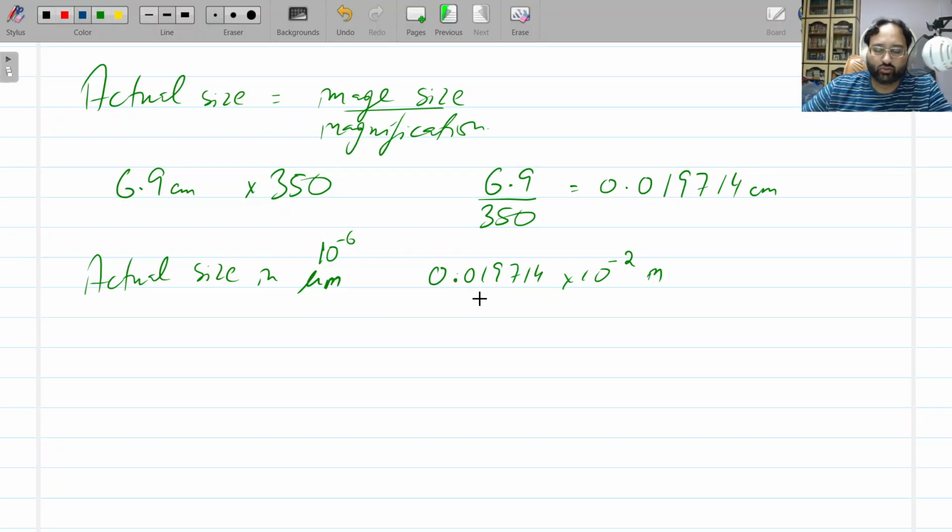How many places to the right? 1, 2, 3, 4. So that would make it 197.14 into 10 to the power minus 6 meters, or 197.14 micrometers.